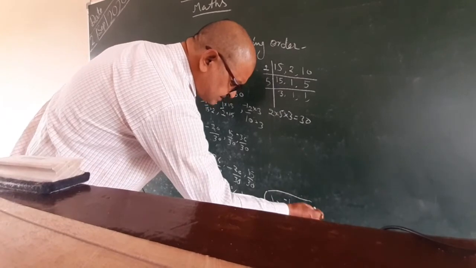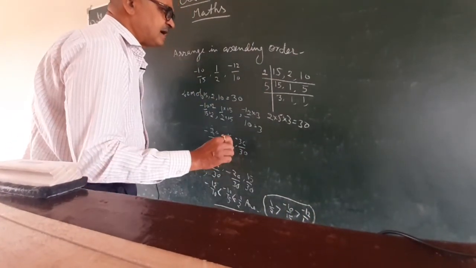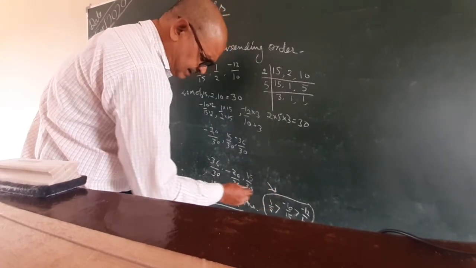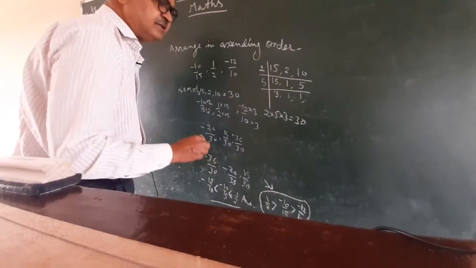These fractions are in descending order, and the earlier ones are in ascending order.